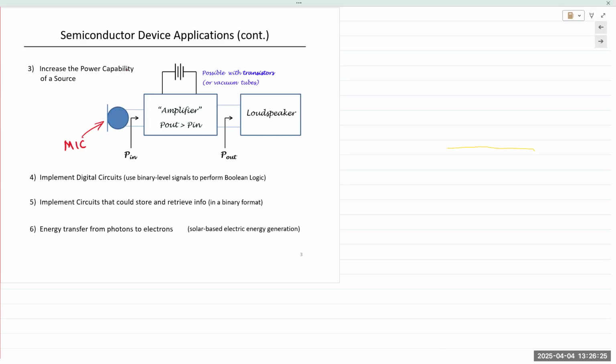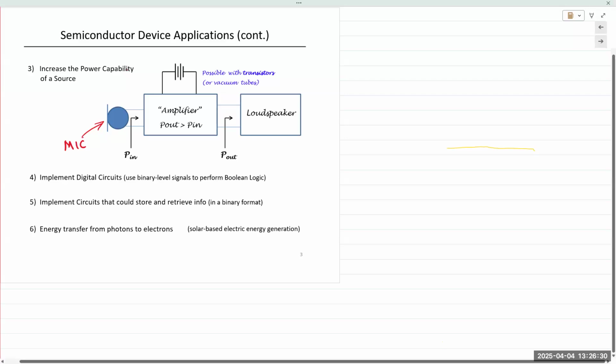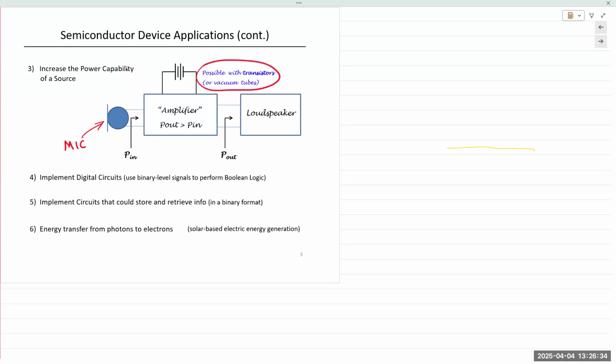And that amplification can only be done with a 3-terminal or 4-terminal device like a BJT or an FET. And again, we'll talk more about all of these topics later on. So then we can use transistors and FETs and MOSFETs to implement digital circuits. Everything that we do nowadays is either digital or analog circuits. Some of them are mixed signal electronics.